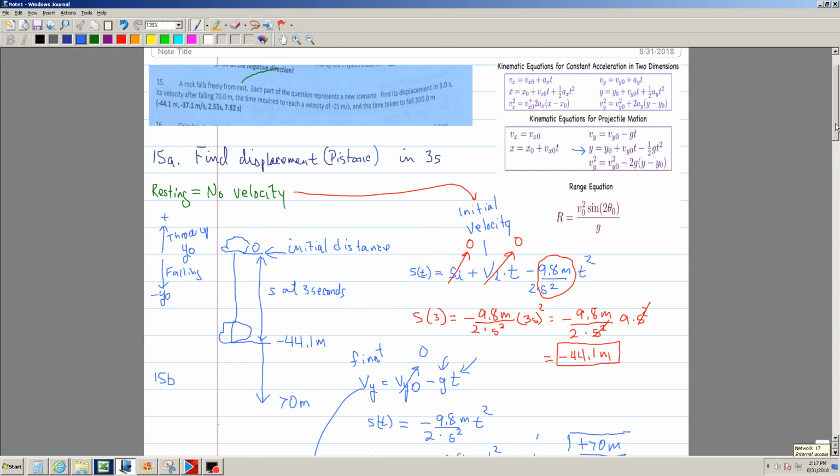Then the time required to reach a velocity of negative 25.